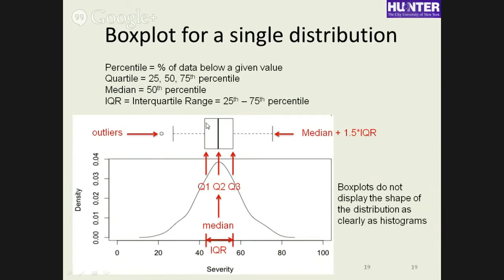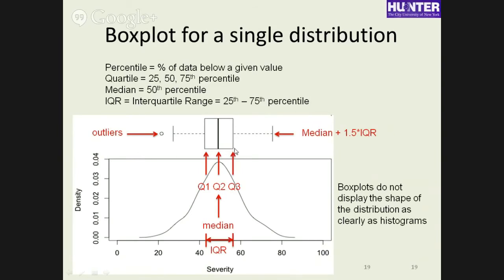And then it encloses this box at the first and the third quartiles. Quartiles are where quarters of the data lie. So the first quartile means that 25%, or a quarter, of the observations of severity of something, in this case of pain, fall below that.